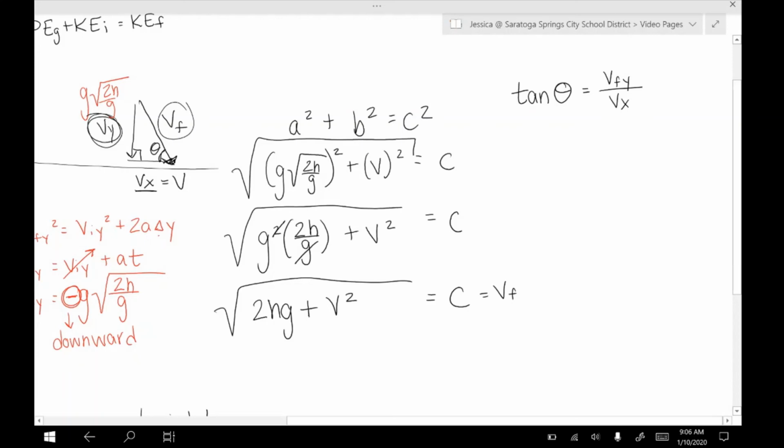I don't include a final with the x velocity because remember that x velocity is constant, or the same, throughout the entire path. So I have the tangent of theta is g square root of 2h over g, over v, and then I could take the inverse tangent of both sides to get theta. It wouldn't look pretty, but that's what it would look like.